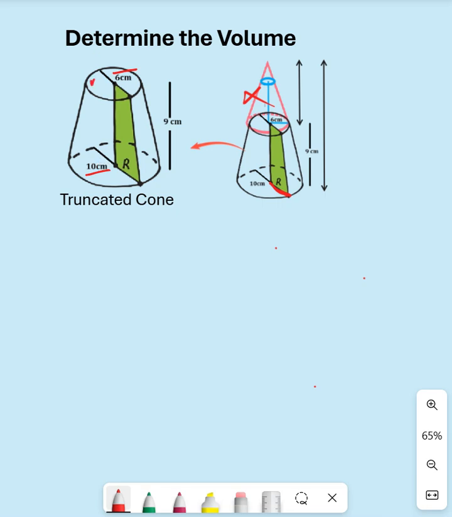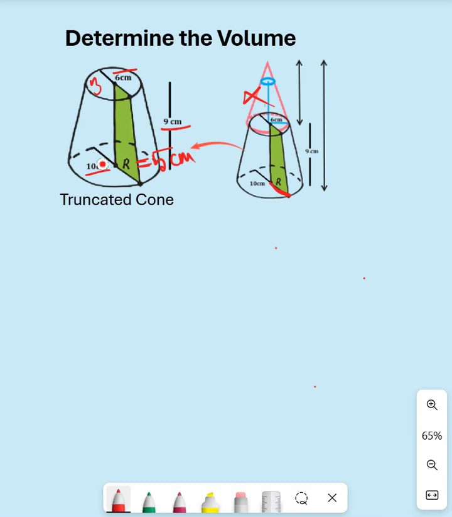So the radius will be 3 centimeters, and the radius for the large portion will be 5 centimeters, and the height is 9 centimeters, which is given.